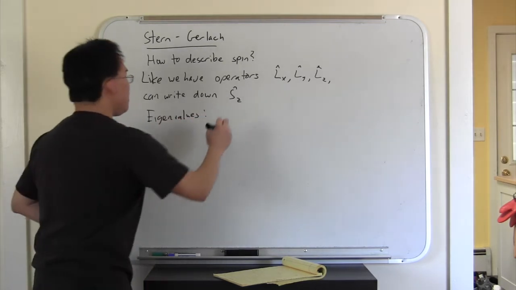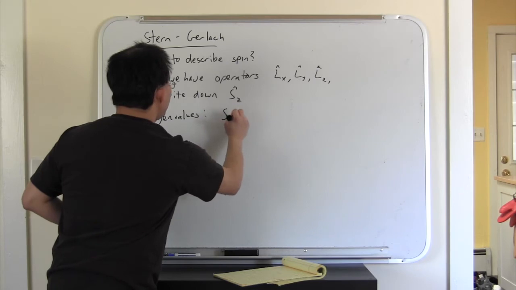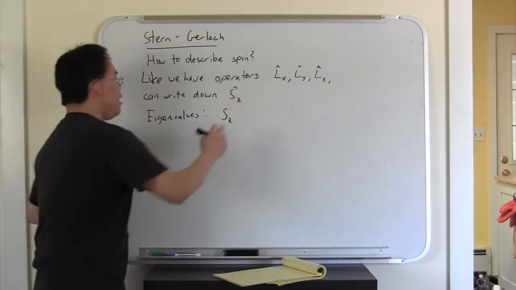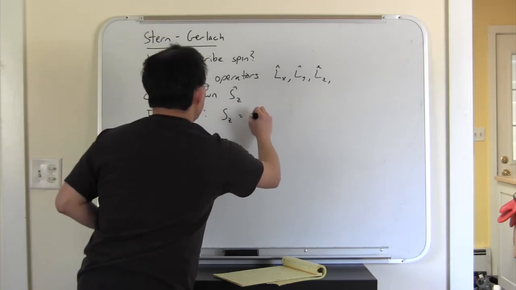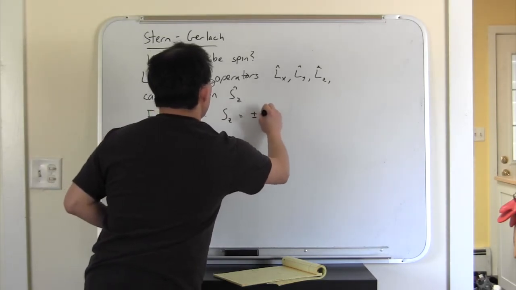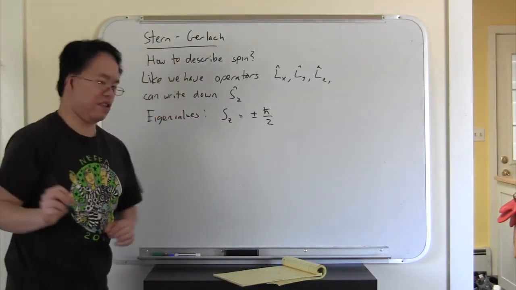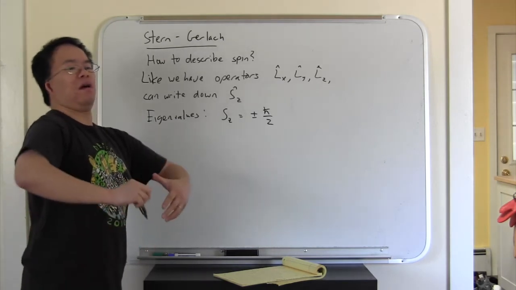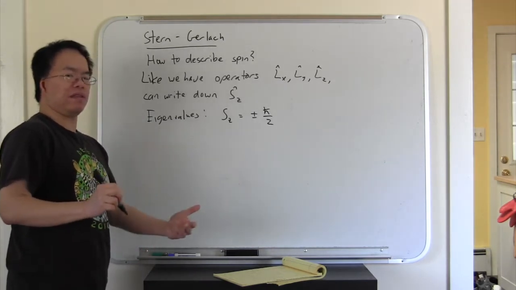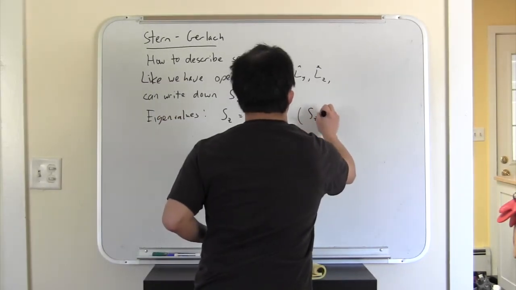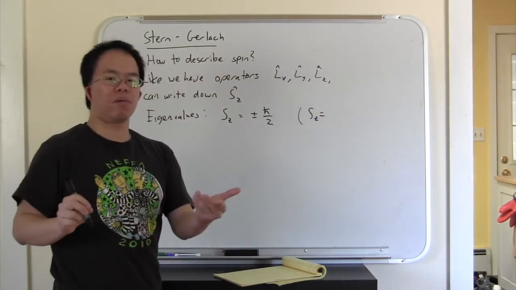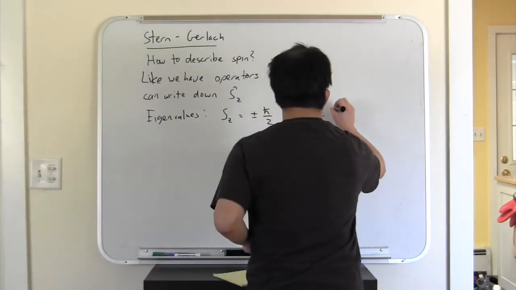Right, that a measurement of the z component of spin turns out to give you either plus h bar over 2 or minus h bar over 2. We can say that this is like what we did before if we say that Sz equals some other quantum number m sub s.